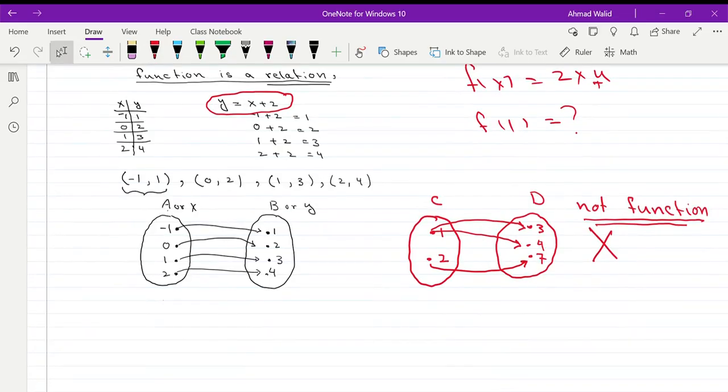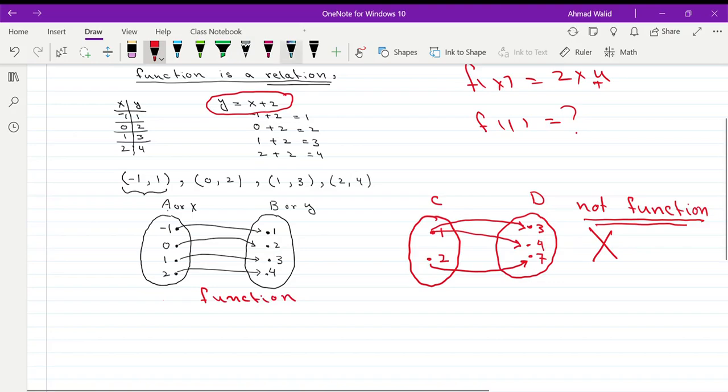A function is a relation. Which kind of relation? One where each element of one set, let's name it set X or A or whatever you name it, has exactly one element in set B, like this. This one is a function, but this one is not.